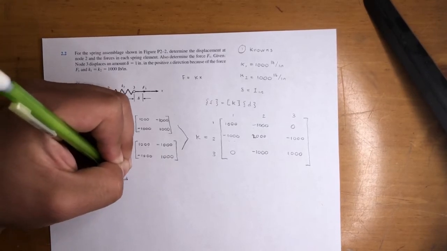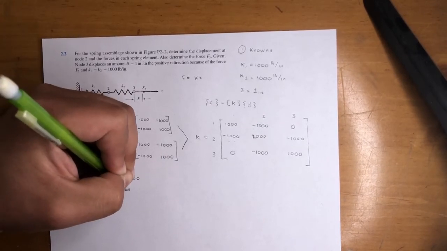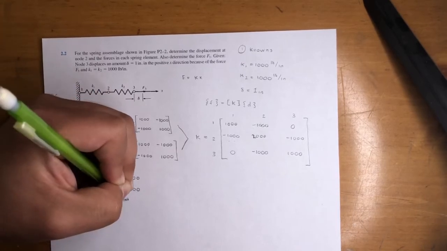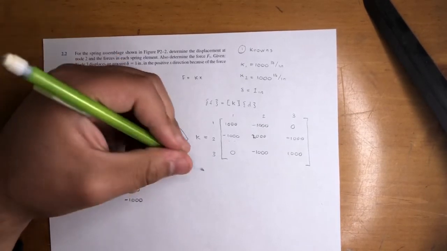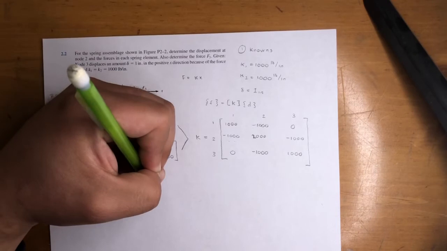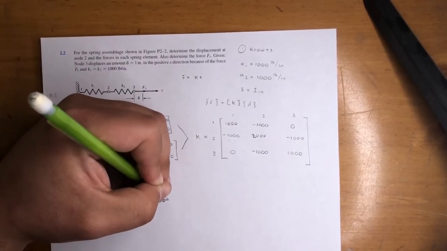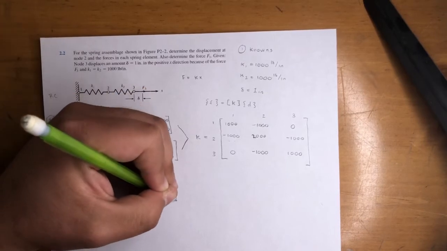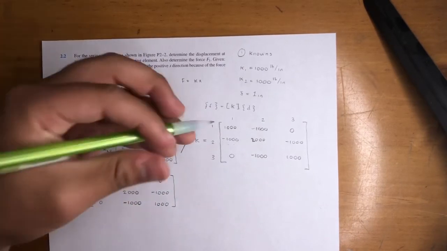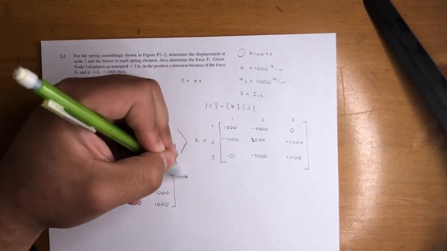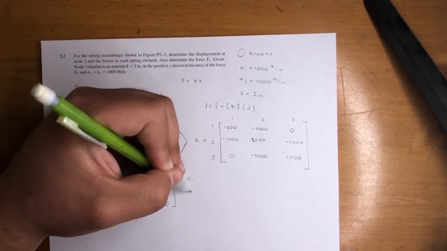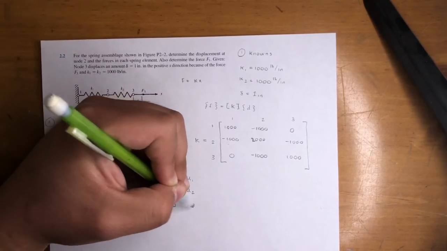It is negative 1,000, 2,000, negative 1,000, and let's do negative 1,000, so we know 0, 1,000, just so I know where the very center is. There we go. Make it look nice. Then we got U1, U2, and U3.